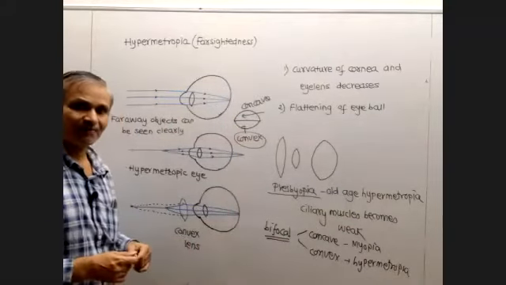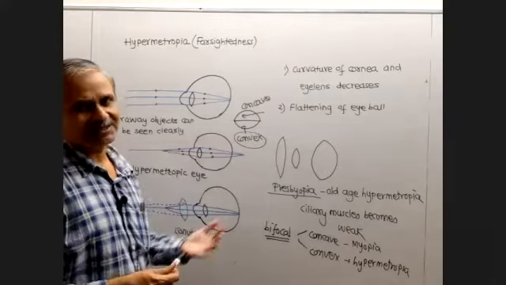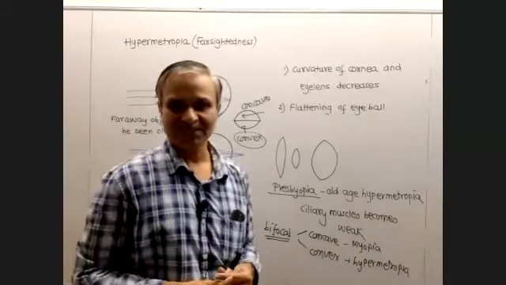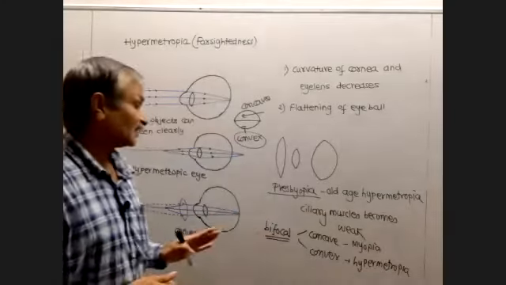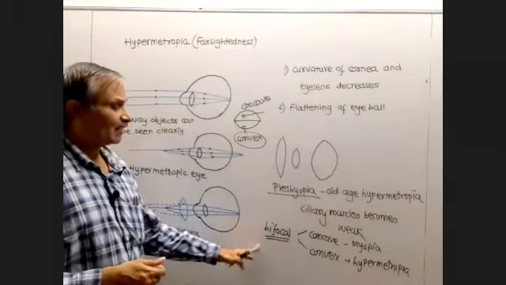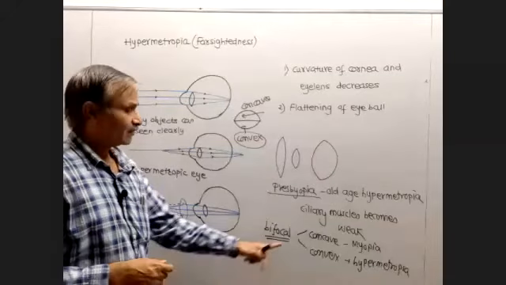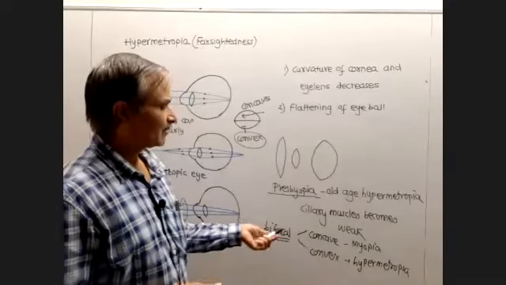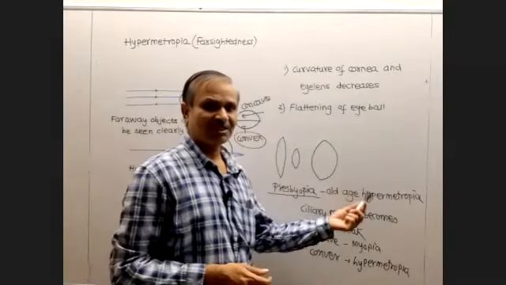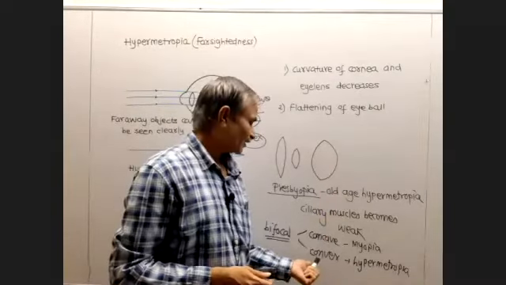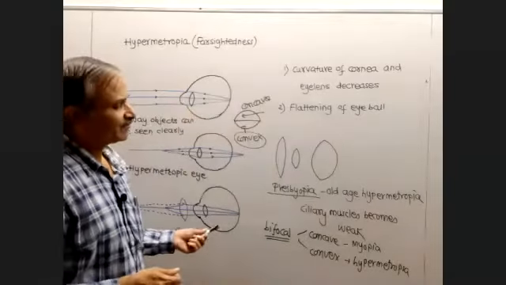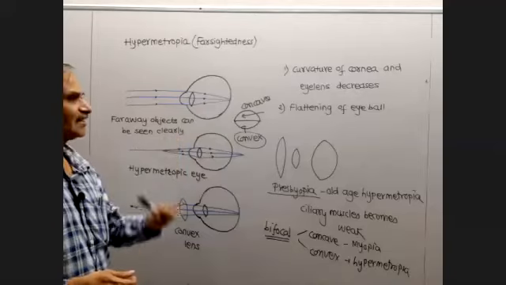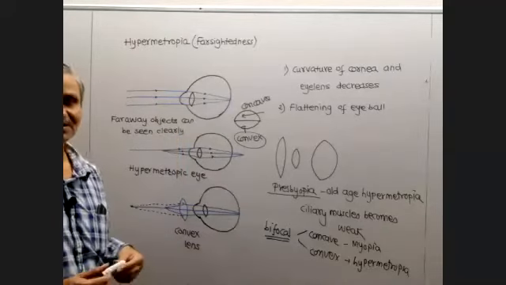Then again, as the age increases, the old persons may not be able to see the far away objects also. In that case, they should wear the bifocal lens. The upper part is concave, the lower part is convex. The upper part is for seeing the objects which are far away, and the lower part is to see the objects which are nearer to us.